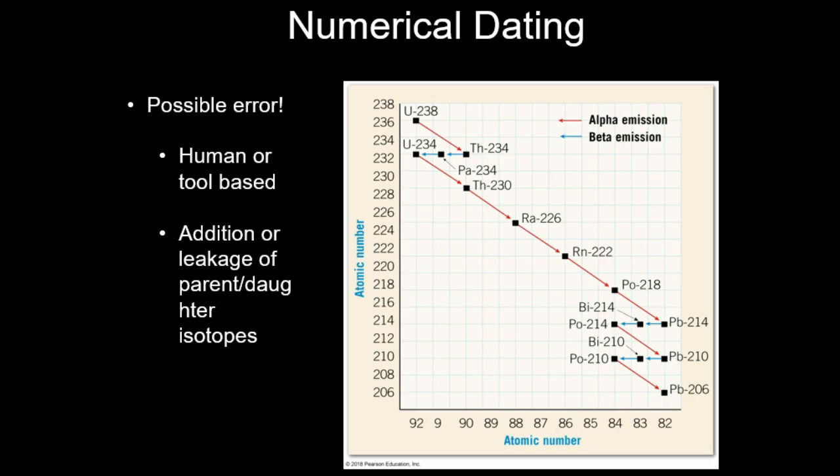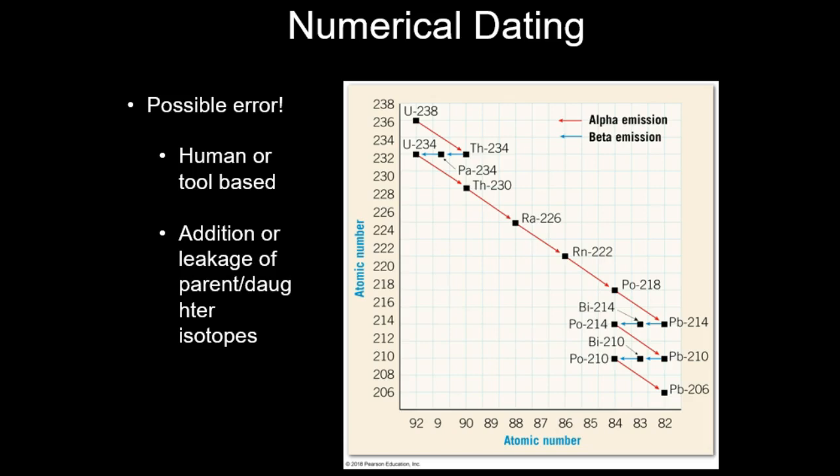Some of the ions that the water carries may be the same as the ions of the parent or daughter isotopes. So by the water carrying those ions, and those ions precipitating or reacting with the rest of the mineral's ions, more of that isotope is added to the count, to the measurement that we're doing.